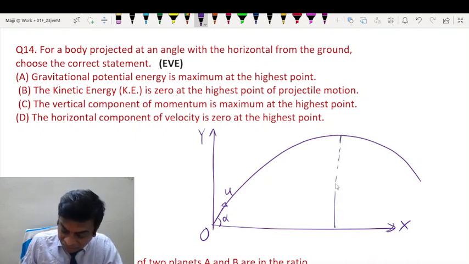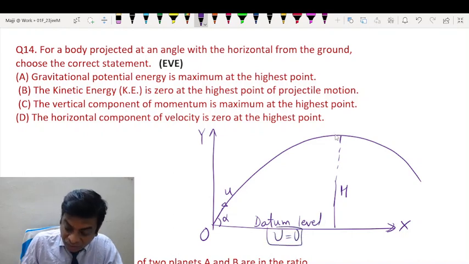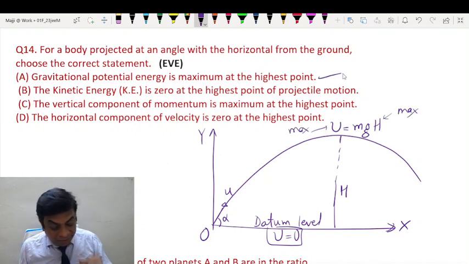Yes, it is maximum, because if you take the maximum height as H and take this as the datum level or reference level where gravitational potential energy is treated as zero, then here the potential energy will be mgH. And since H is maximum, obviously U should be maximum. So this is correct.